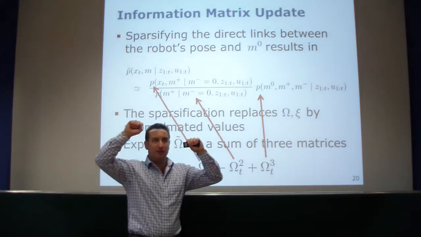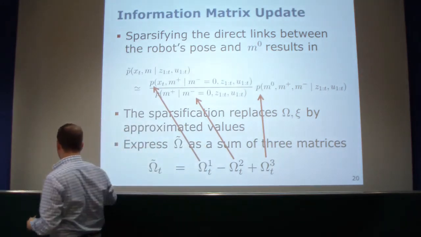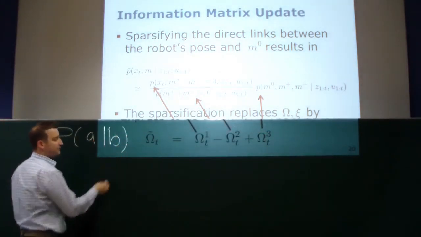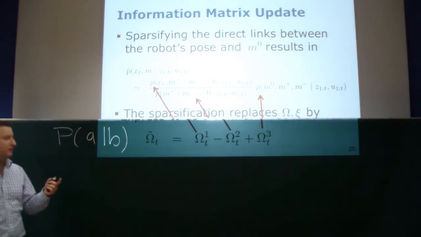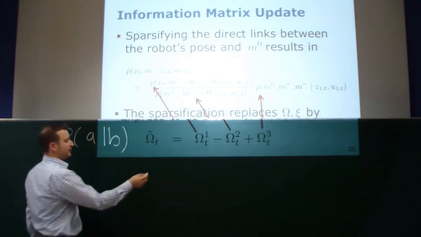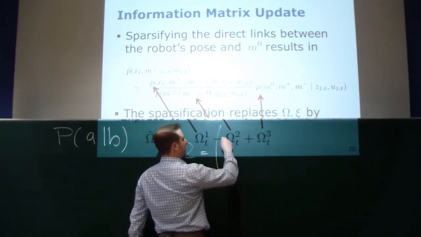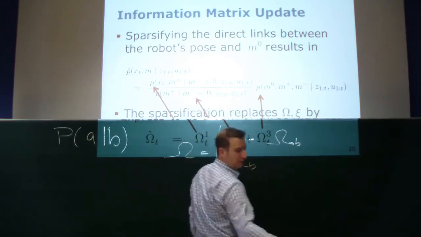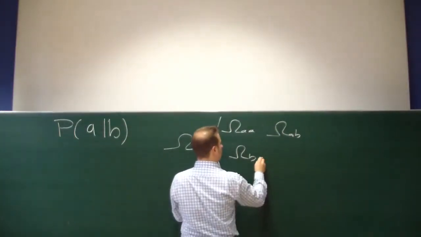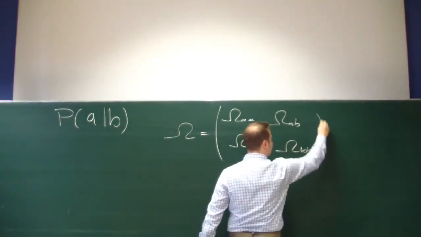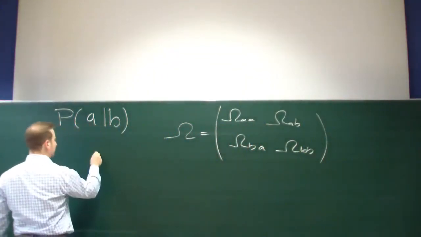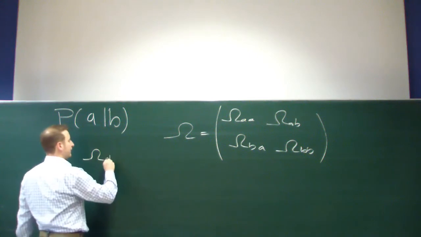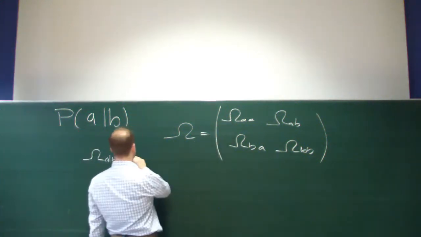So let's say you want to express P of A given B from a belief you have about P of A and B, and let's say your information matrix can be written as blocks A, B. Then the covariance matrix of this belief, A given B, is just this term over here.